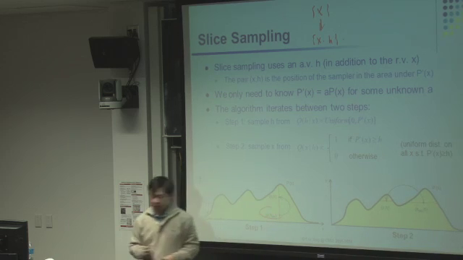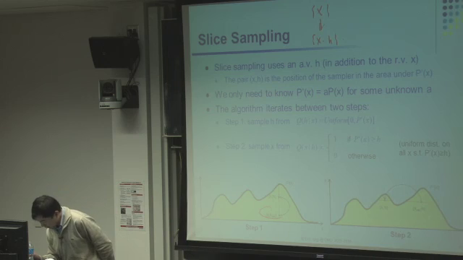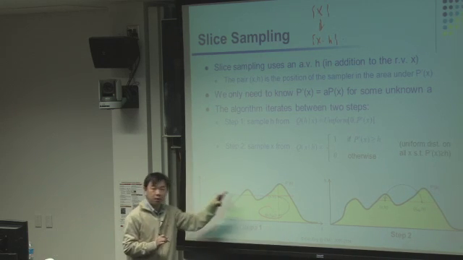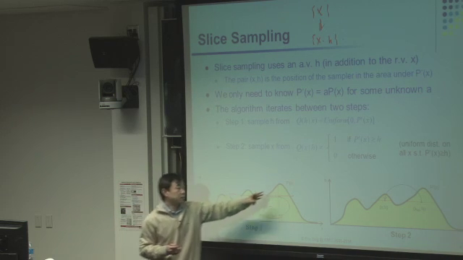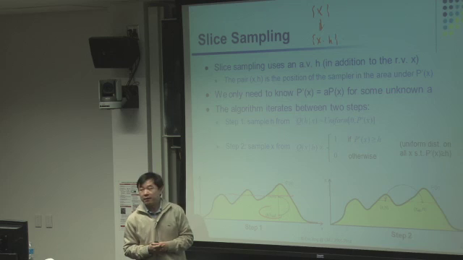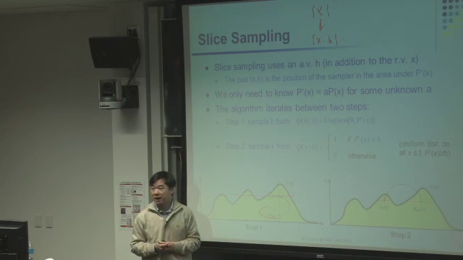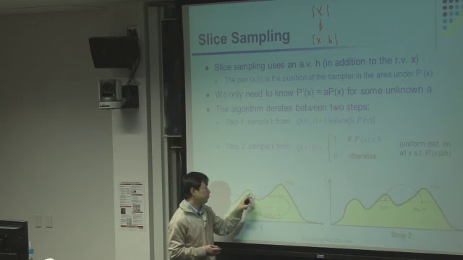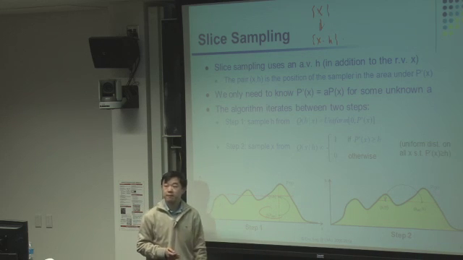Once I have an h, I'm going to draw a line here to cut through the entire space of x to see where my p prime of x is above that line. For those regions which still have mass above that, I'm going to uniformly draw a sample x. So in this case, it moved me to here.